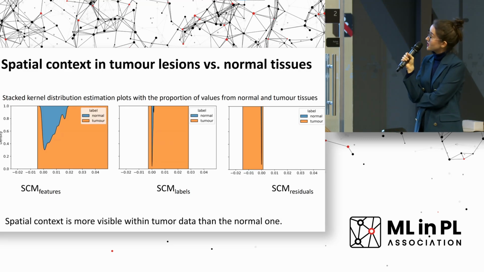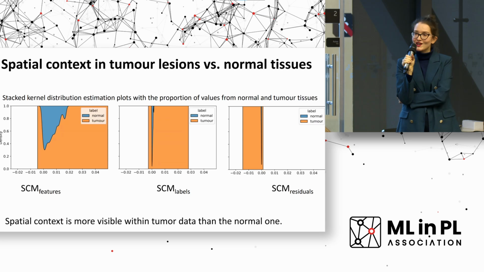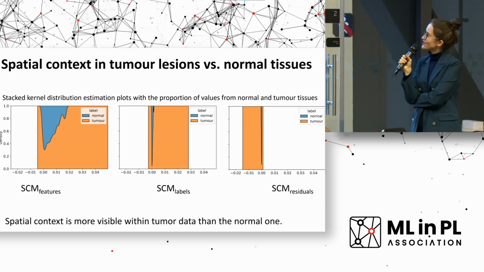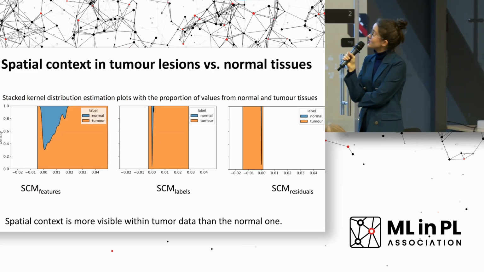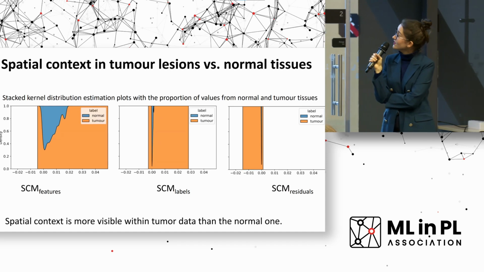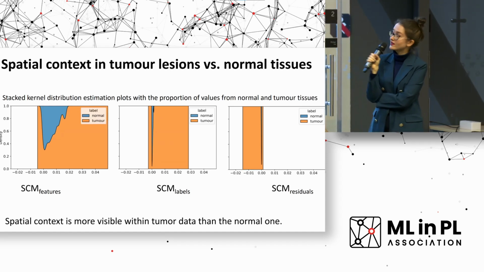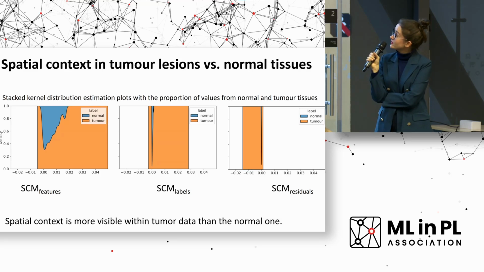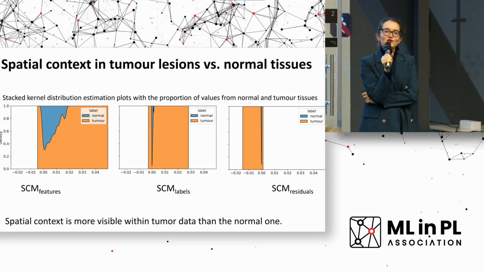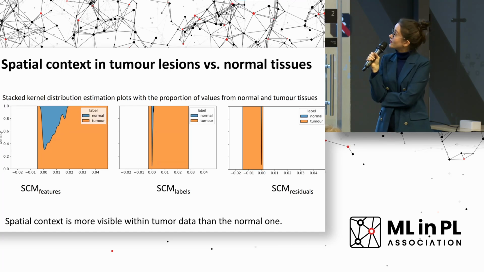Also, the values are positive, so context matters, and it's actually preserved within the neural network. What we can also see is that indeed there's a difference in values for the tumor data and the normal data. So what we have learned is that the intuition of histopathologists was met, that there's context within tumor data.